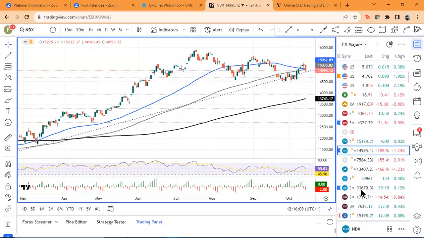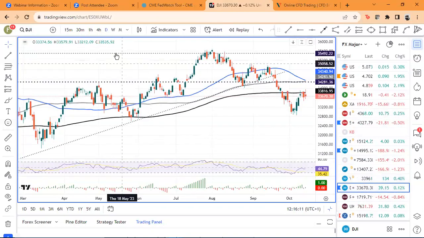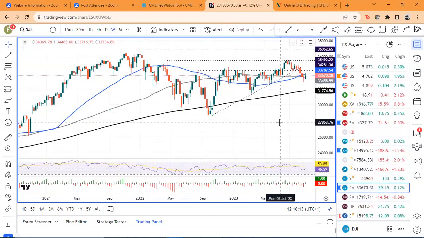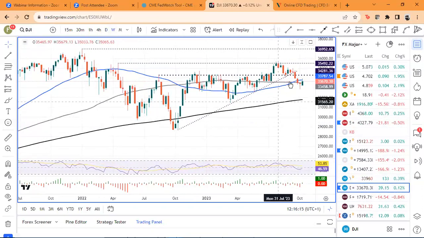That is the Nasdaq. Just on the Dow, again, we've got 34,281. I'm sure you all know that level that I stick to. We did break down below it, but we're still holding on to the 100-day moving average now at 33,458. And just above there is the 50-day moving average at 33,787.